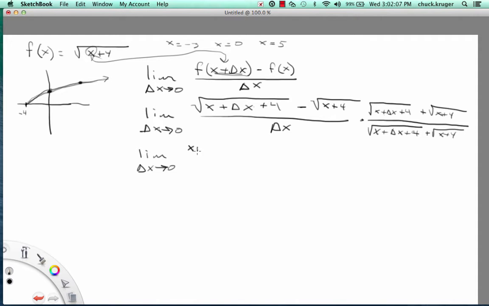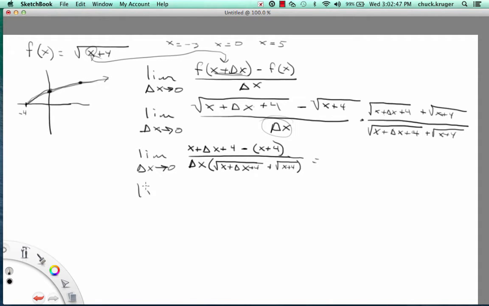And I'm going to have x plus delta x plus 4 minus, now I'm going to put in parentheses, x plus 4, and in a bit I'm going to distribute this minus 4, all over delta x, that's this thing right here, times the quantity, the square root of x plus delta x plus 4 plus the square root of x plus 4.